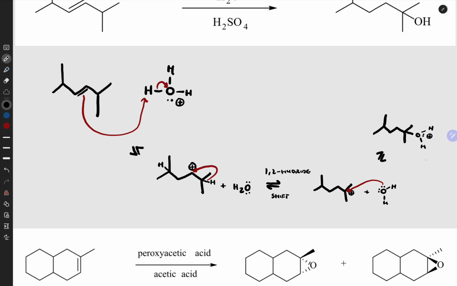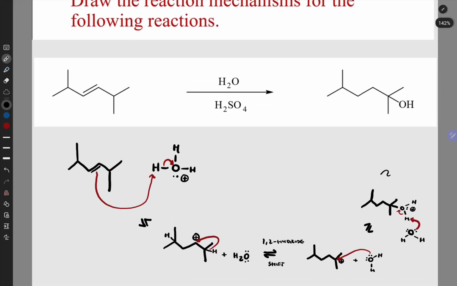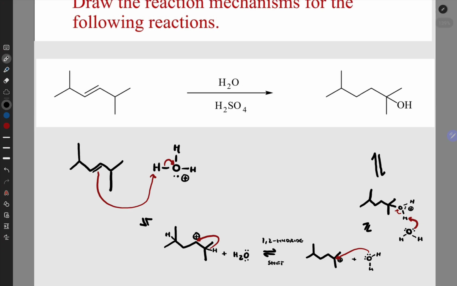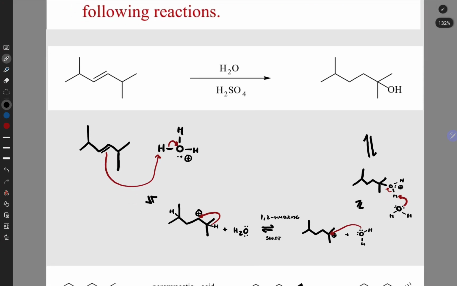What will happen at that point is that we take another water in order to form our hydronium ion again. It will reach out, grab hydrogen, and move onto the oxygen. And what will that get us? Our product.